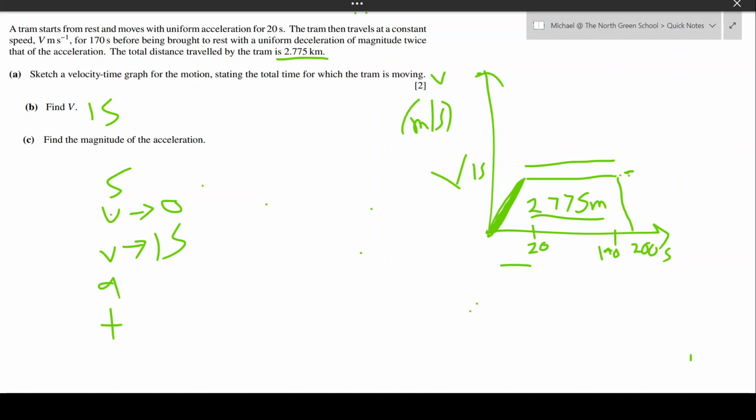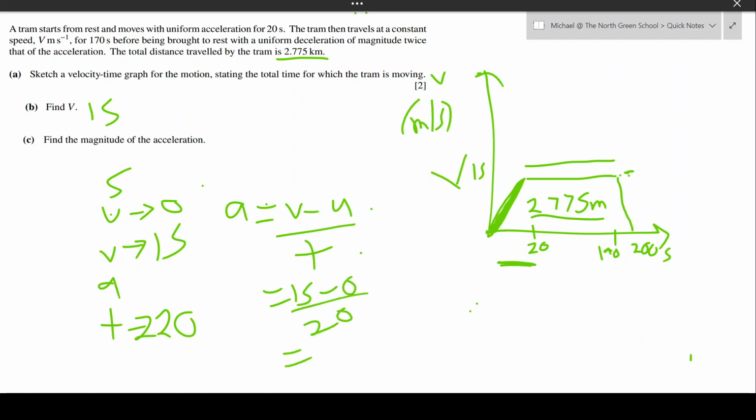The time taken to get up to that speed is 20 seconds. So we need to find the acceleration. a is equal to v minus u over t, which is 15 minus 0 over 20, which gives us 0.75 as our final answer for that question. And that will be it.